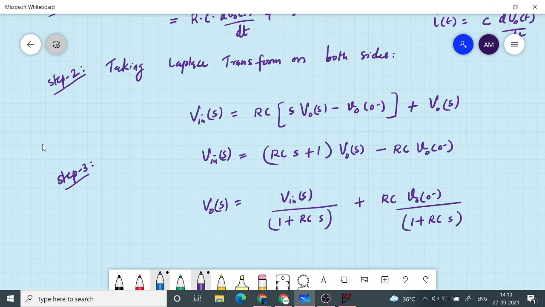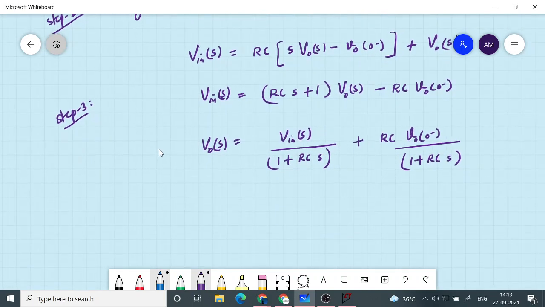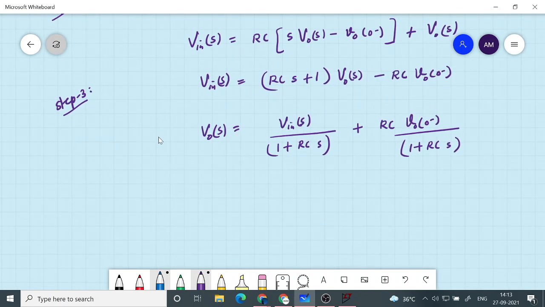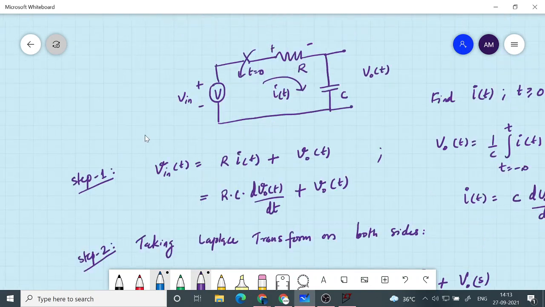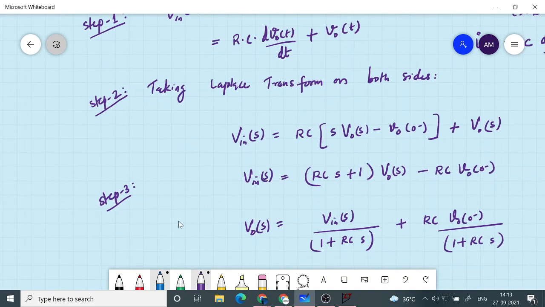So now this is after simplification. Now we substitute what is V in of S. V in is basically like a step function. You are applying it all of a sudden: when you close the switch at t equal to 0, whatever voltage is here will come at the input.